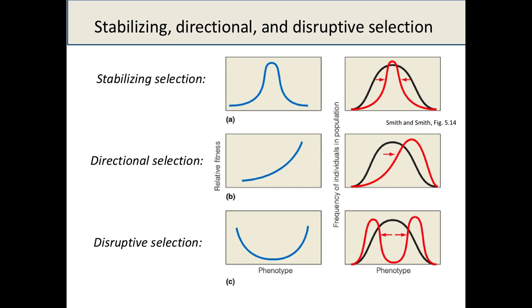So individuals within the population which have a medium-sized beak are able to maximize their resource use, to have the highest probability of survival, highest probability of reproduction, highest probability of passing on that trait, and we see this stabilizing selection forcing a broad population into a tighter range of variation.